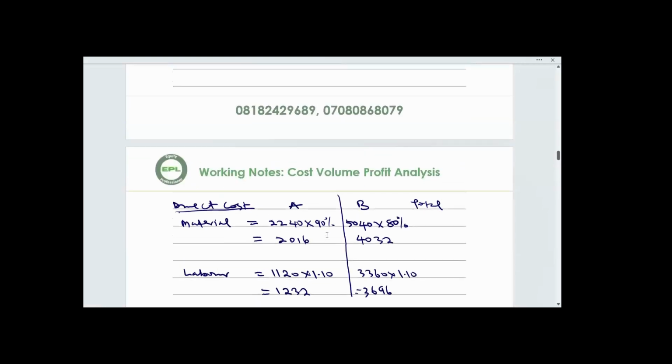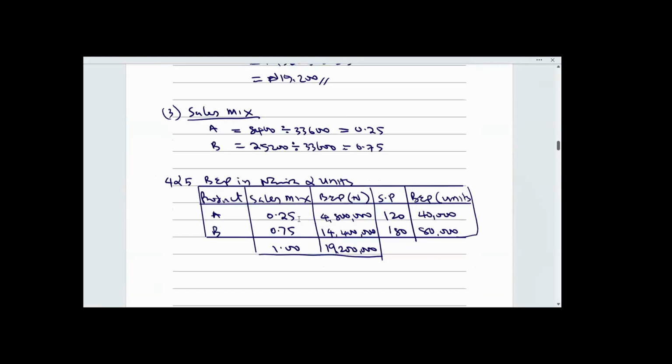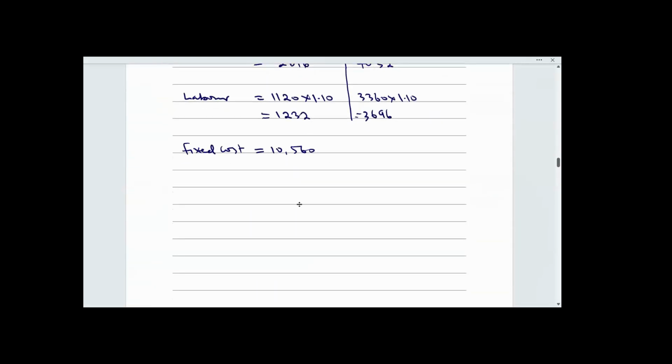That's what we have here. You are now told the additional fees cost of 456,000 will be incurred. Therefore, this will give you 11,016,000. That's the revised fees cost.